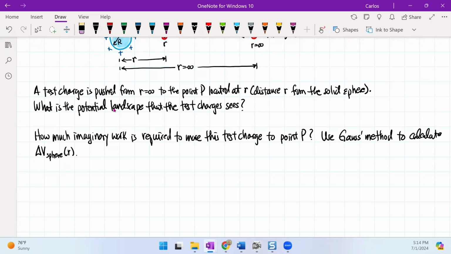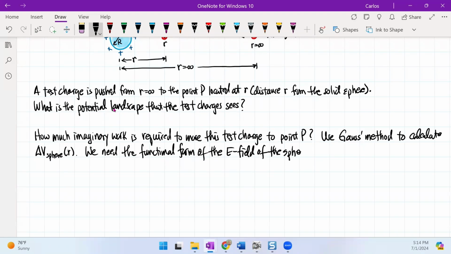So here's what we need to do. We need the functional form of the electric field of the sphere. Now note, we've already calculated this. You don't have to show me this. We've already calculated this, and this is what we know. So if I have a solid conductor, what am I expecting here?